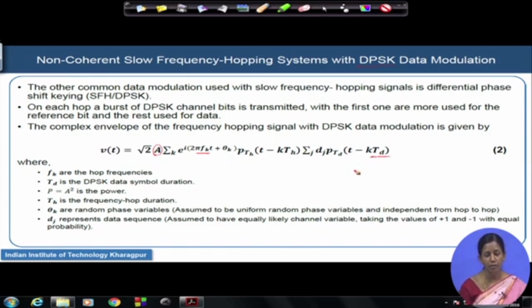DPSK is a very common and very preferable modulation scheme for slow frequency hopping schemes, and T_h is the hopping duration as we have seen. So, v(t) will be the signal model, where this is the portion where your DPSK modulation is going on, this is the frequency hopping section, and this is the pulse shape associated with that hopping being considered.